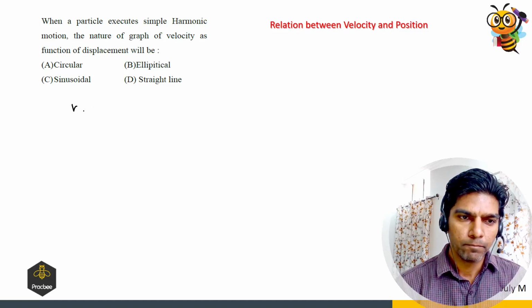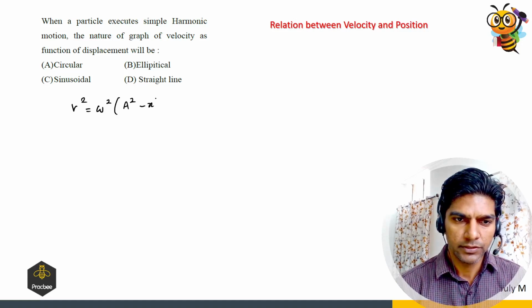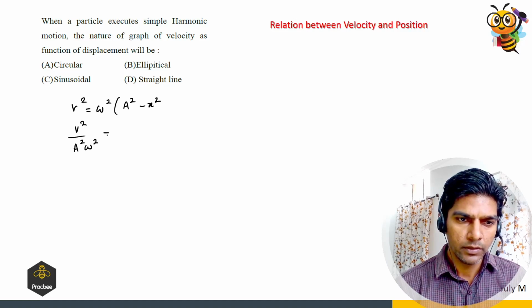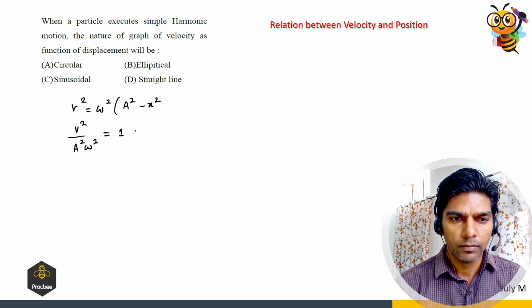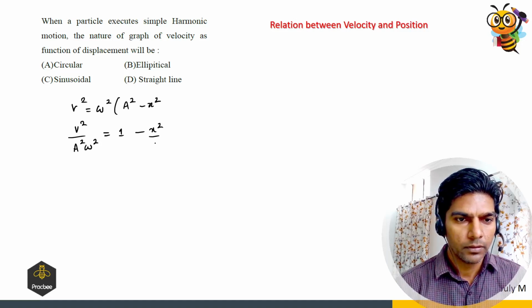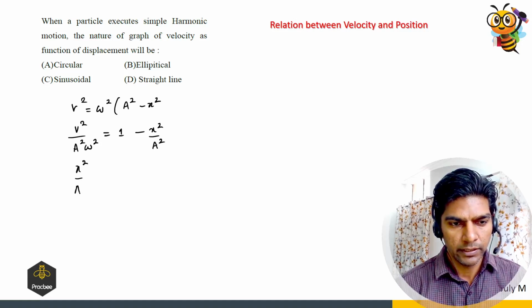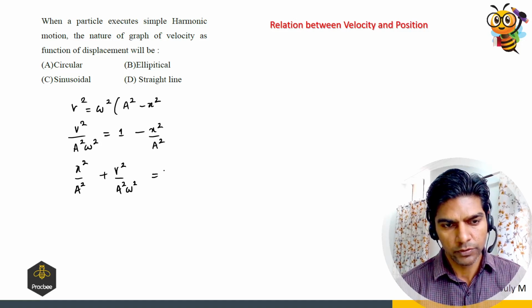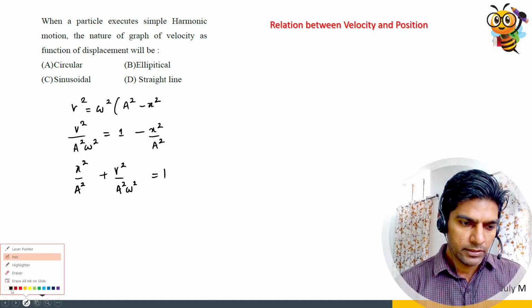So v square is equals to omega square times a square minus x square, or we can write this as v square upon a square omega square equals to 1 minus x square by a square, which is x square by a square plus v square by a square omega square equals to 1. So we can say it's an ellipse.